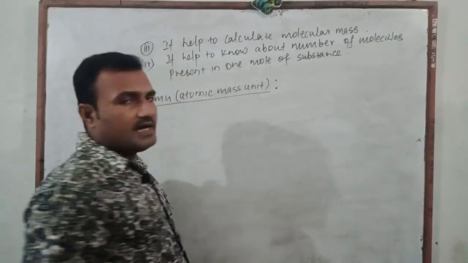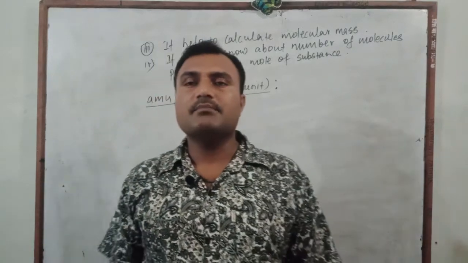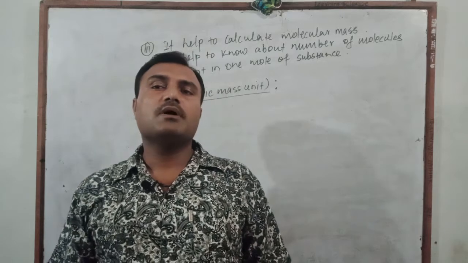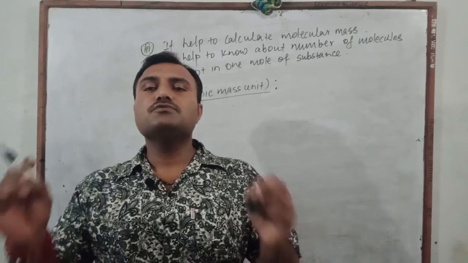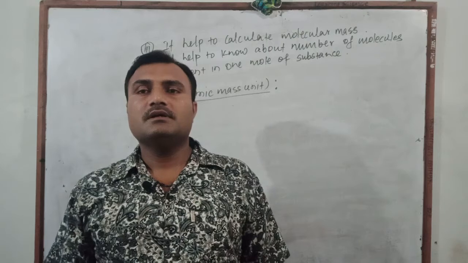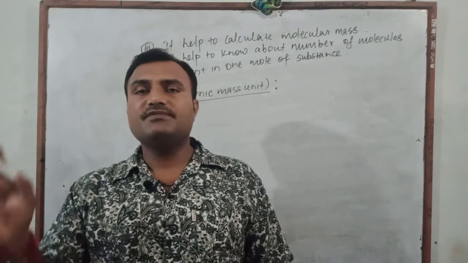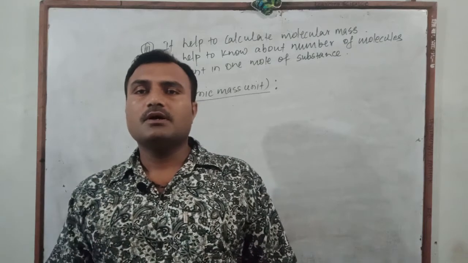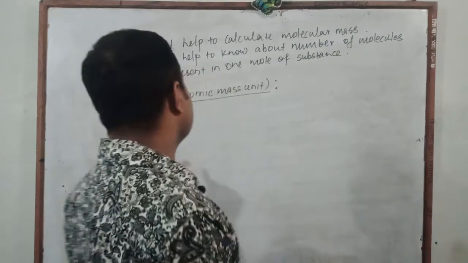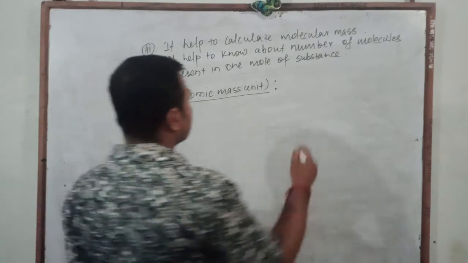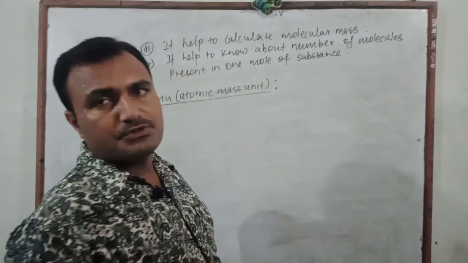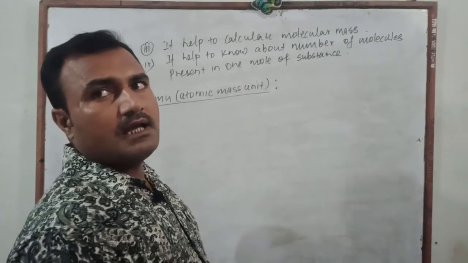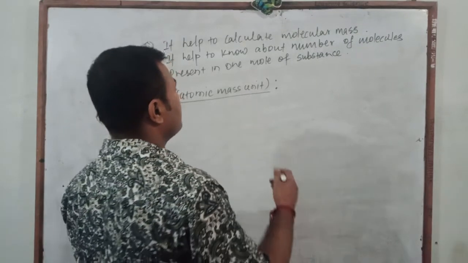A smaller mass like mass of atom, mass of molecules of the compound, these are too small, impossible or difficult to measure and express in kilogram. On that condition, we apply AMU or atomic mass unit to express such type of subatomic particles and molecular particles.